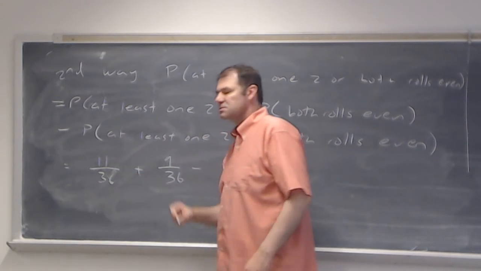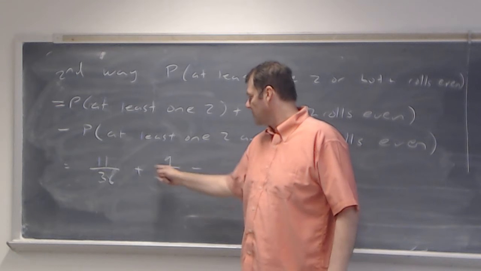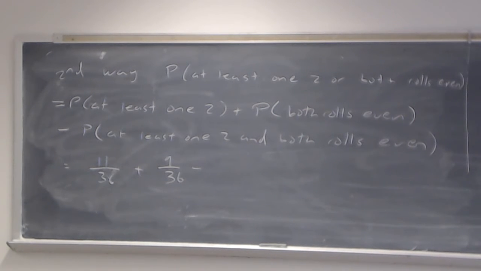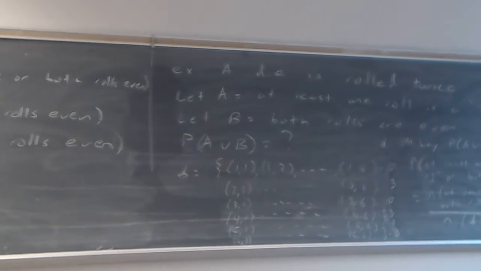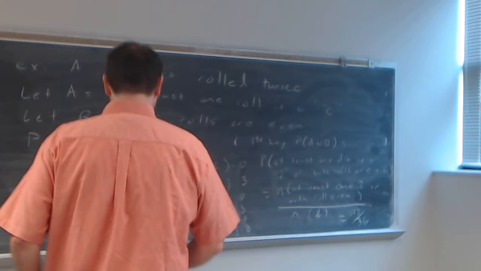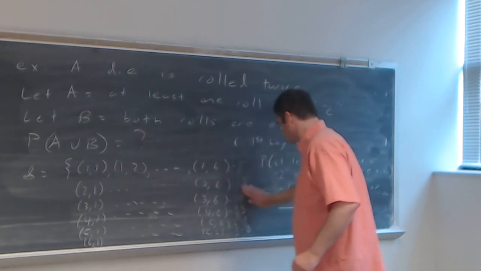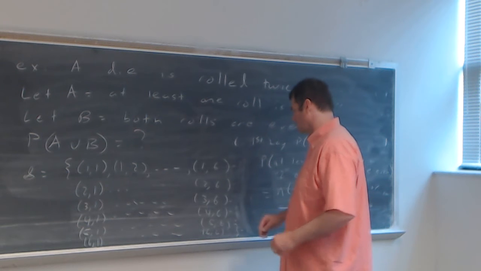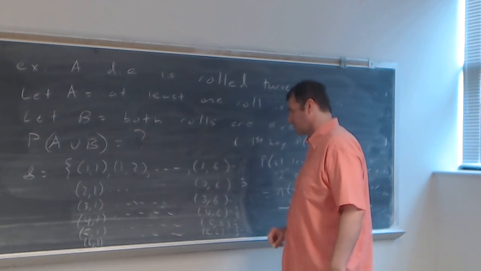But some of the things that we counted are in both. And so we need to take those away. So the ones that have a 2 and both are even, count those. Well, there's 3 here. They're both even.